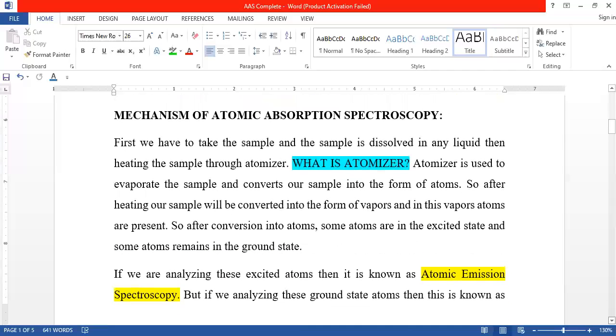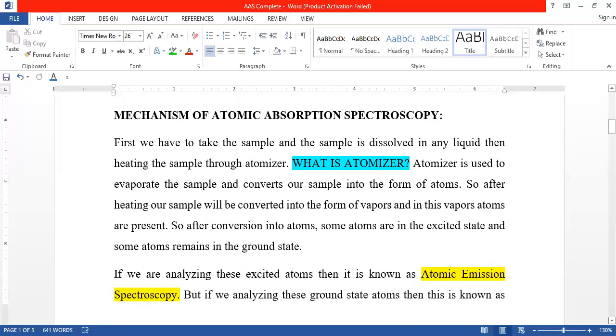After conversion into atoms, some atoms are in the excited state and some atoms remain in the ground state. If we are analyzing these excited state atoms, then it is known as atomic emission spectroscopy.